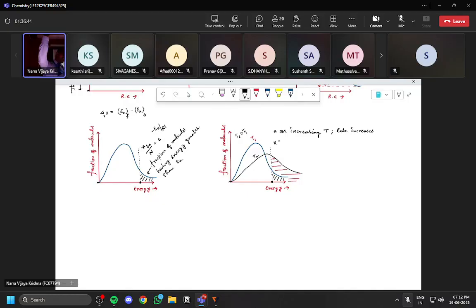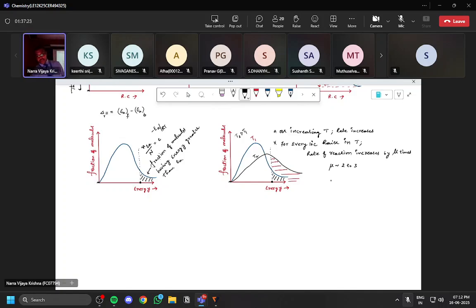For every 10 degrees centigrade rise in temperature, the rate of reaction increases by mu times, where mu value ranges between 2 to 3.